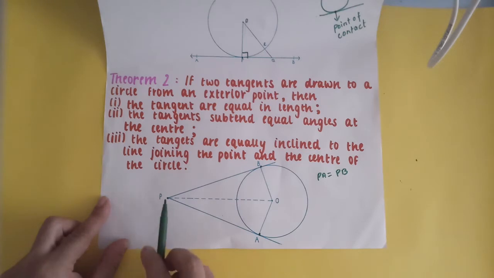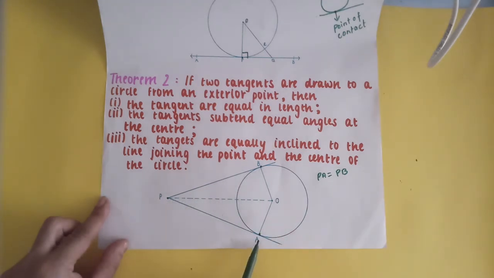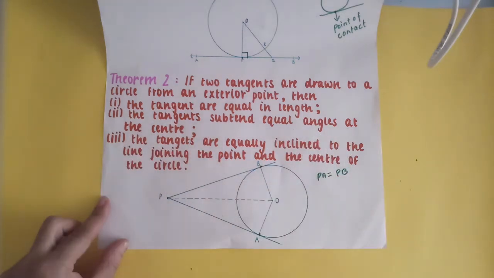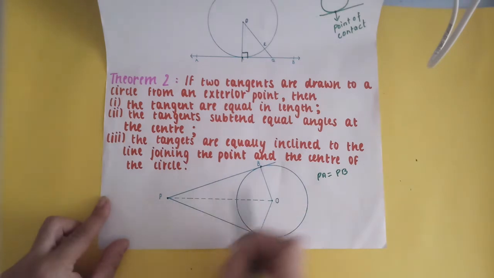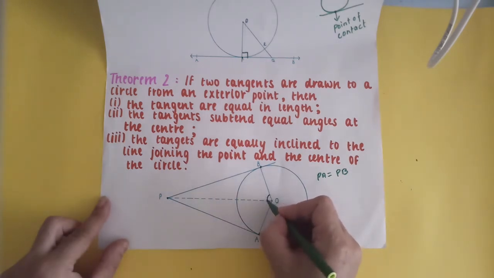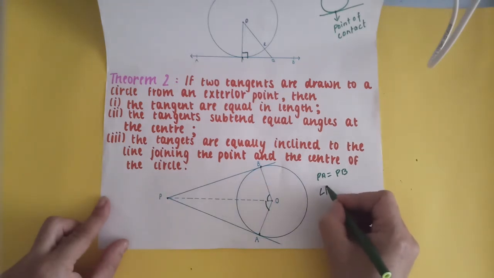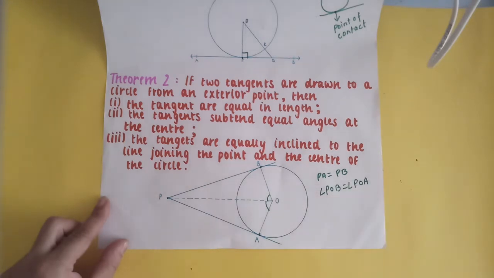We can say that the lengths of the tangents drawn from the external point to the circle are always same, are always equal. Another is that the tangents subtend equal angles at the center. That means if these two tangents, which are equal in length, fall on the same circle, they subtend equal angles at the center. So you can say that angle POB is equal to angle POA, right?